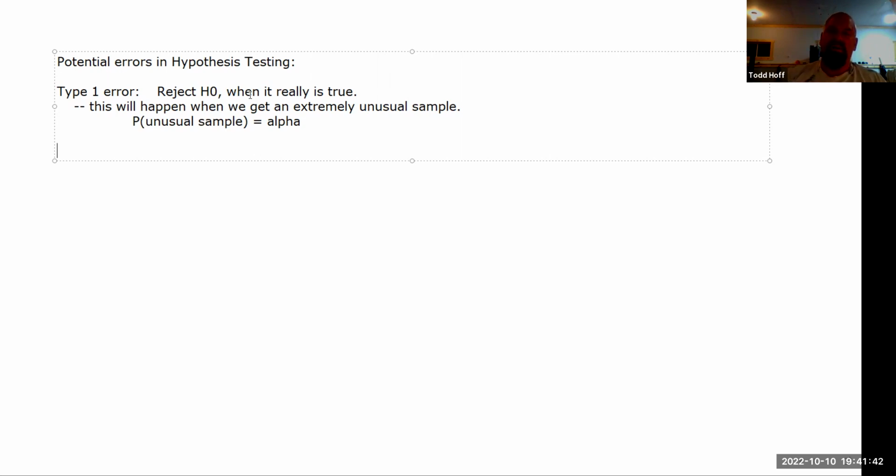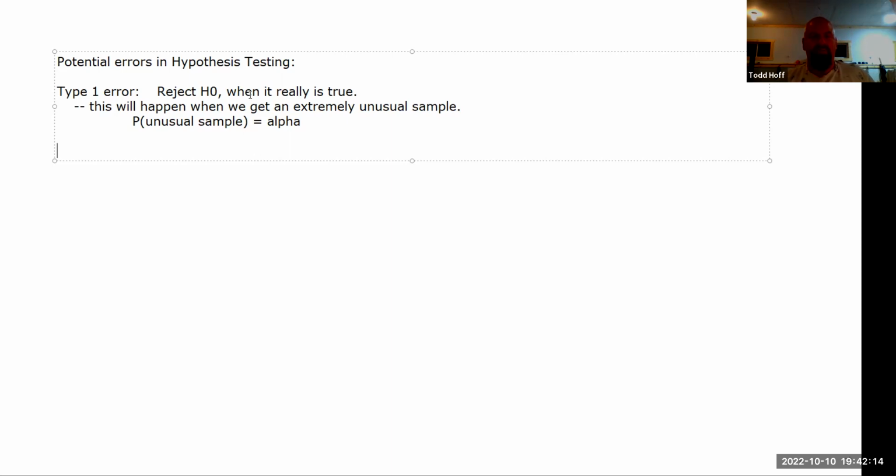Now, if it's a case where falsely rejecting the null hypothesis could be disastrous, like in medical testing, if we know that the current treatment is working and having some effectiveness, we don't want to reject it and switch over to a new treatment unless we are sure that the new treatment is as good or better than the old one. So that's where we might set alpha at 0.01 or even 0.005 to make very, very sure that it wasn't just a bad sample.